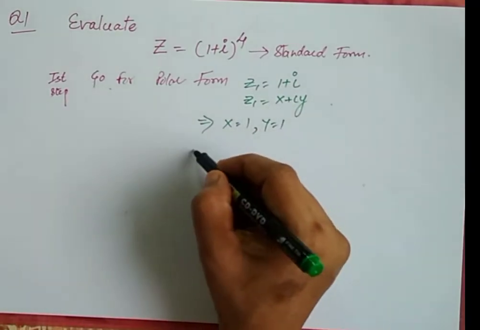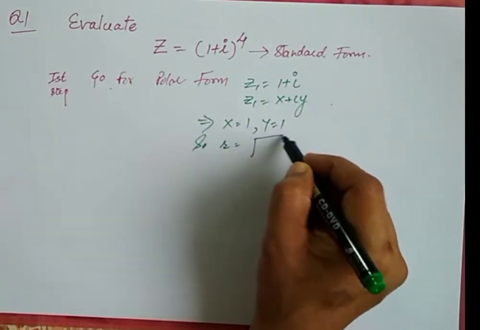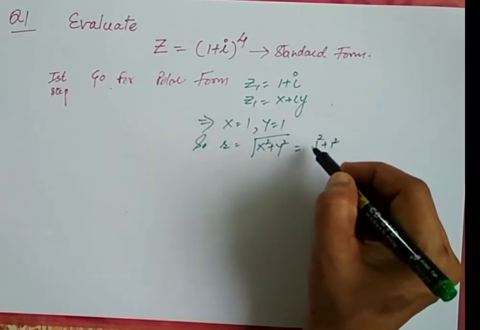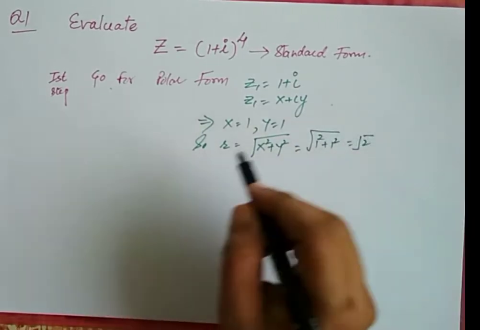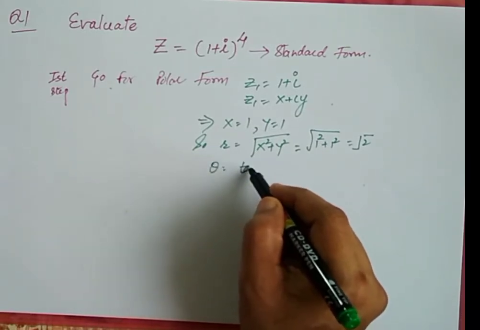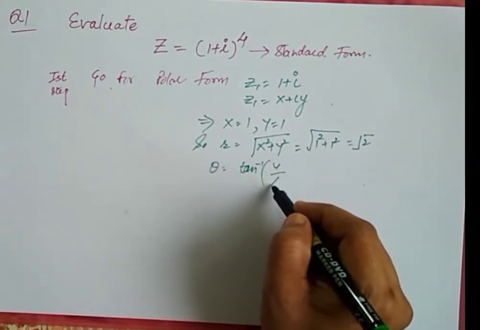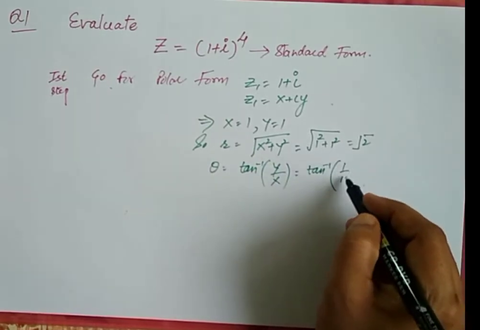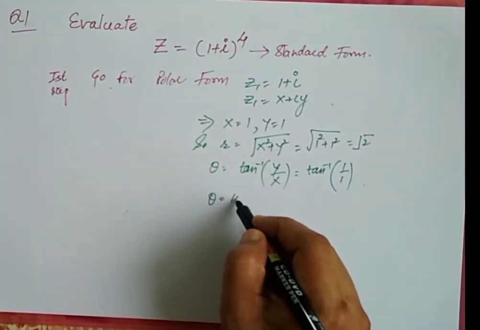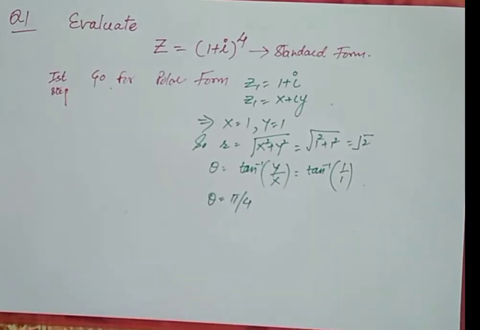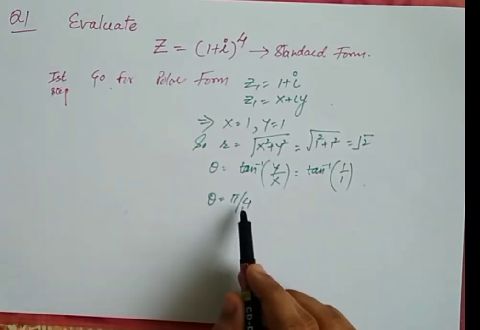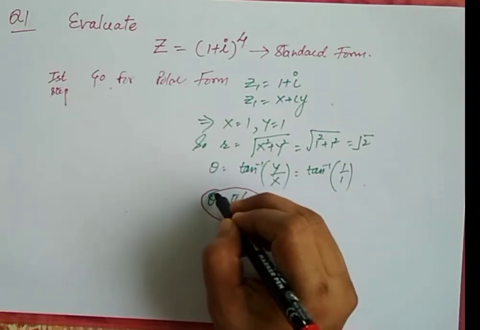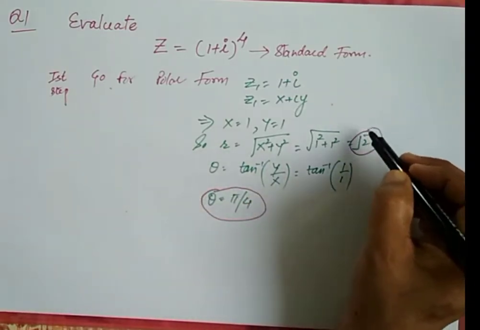So r equals under root x square plus y square. This becomes 1 square plus 1 square, and this is equals to under root 2. And theta is equals to tangent inverse y by x equals to tangent inverse 1 by 1, and theta is equals to pi by 4.